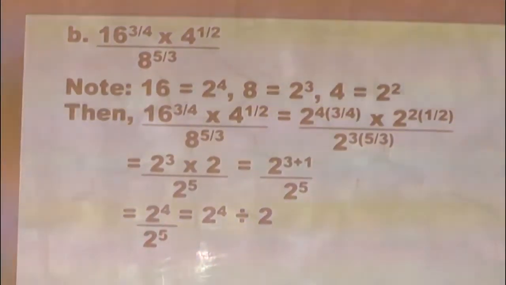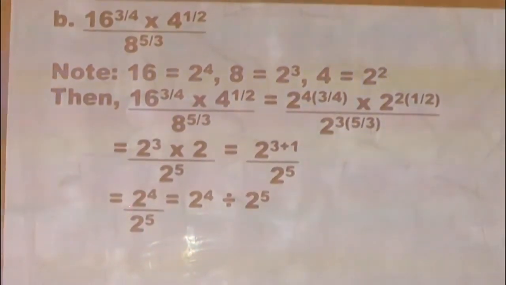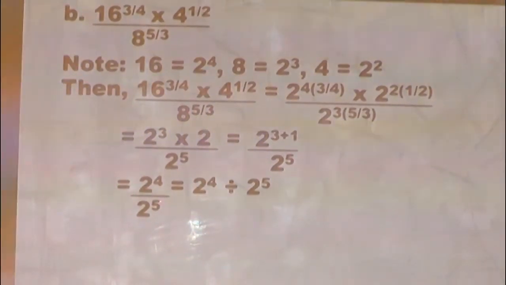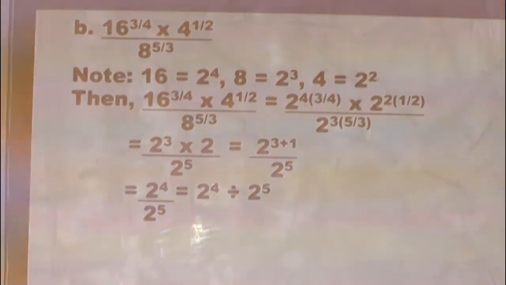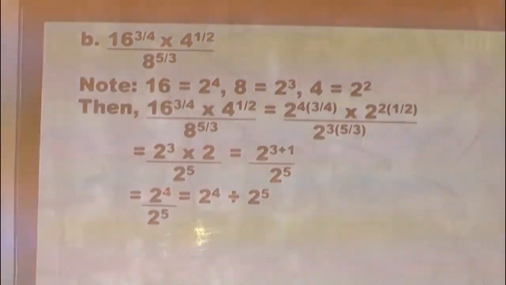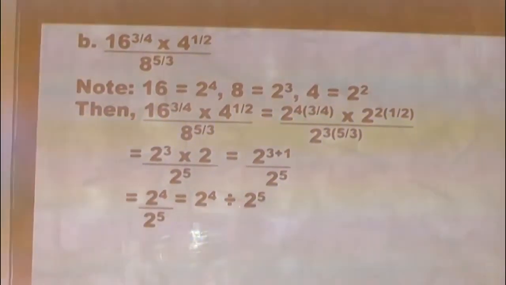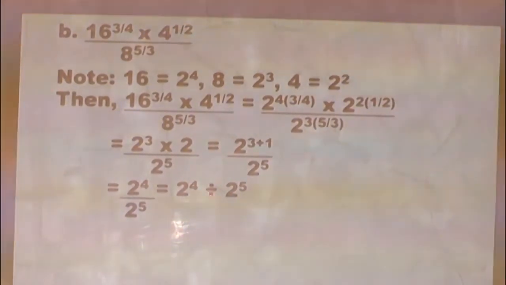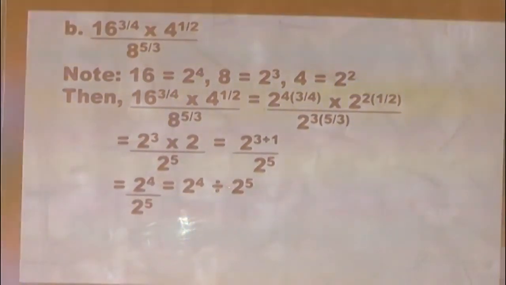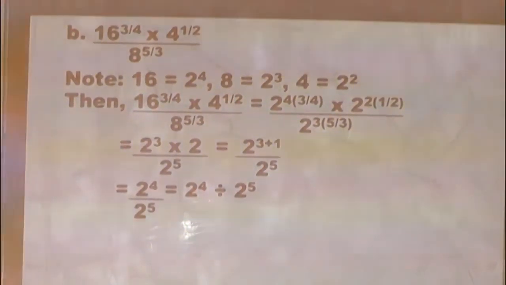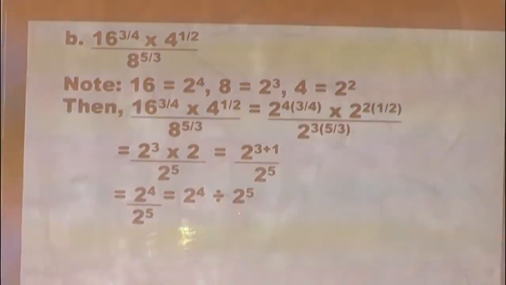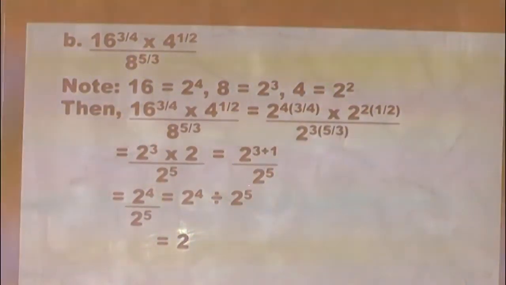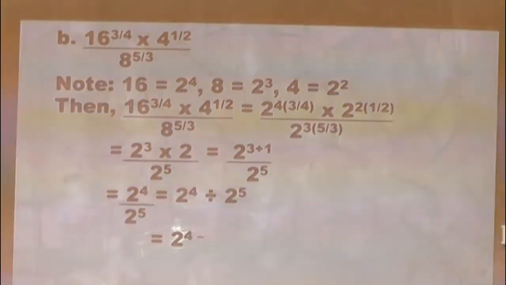If you apply the division law here, you pick one out of these 2, you are going to have 2 raised to the power of 4 divided by 2 raised to the power of 5. And the connectivity here is division, therefore you are going to have 2 raised to the power of 4 minus 5.